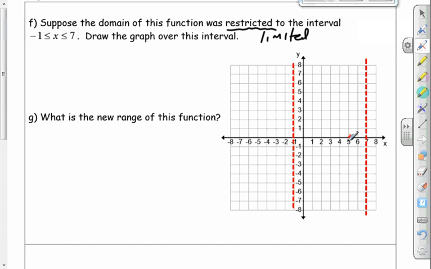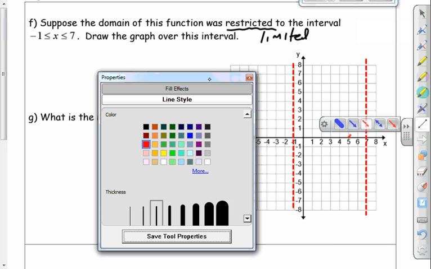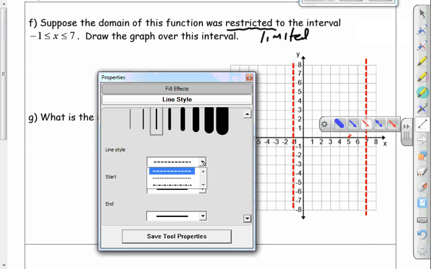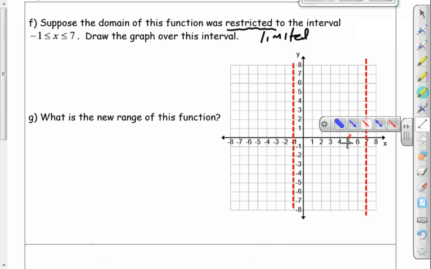It still has its vertex at +5, 0. It still has a slope of +1 on the increasing part. Pardon me while I change out my line here. And it still has a slope of -1 on the decreasing part.